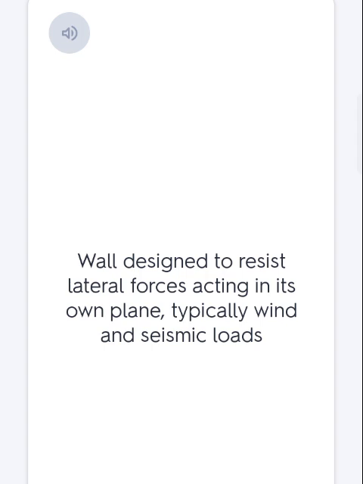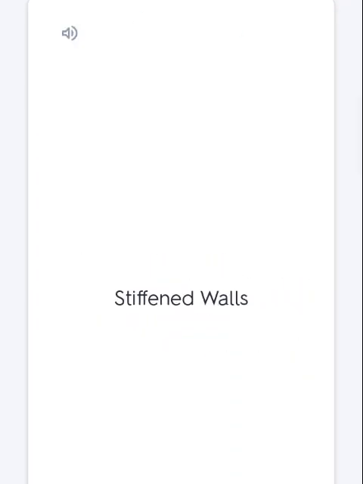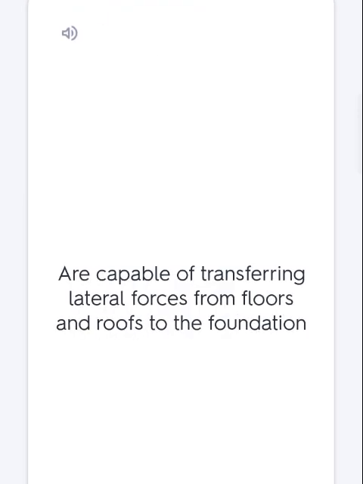Wall designed to resist lateral forces acting in its own plane, typically wind and seismic loads. Stiffened walls are capable of transferring lateral forces from floors and roofs to the foundation.